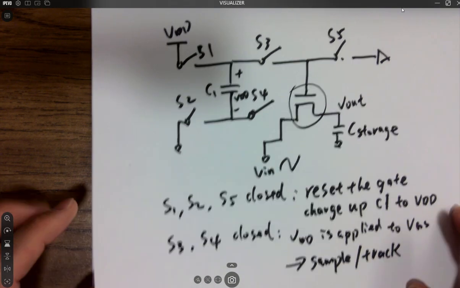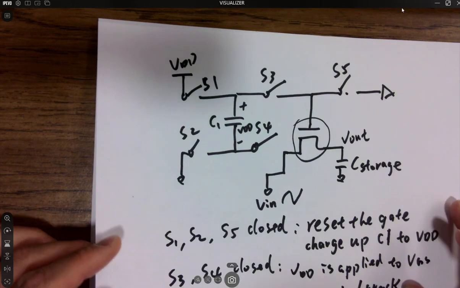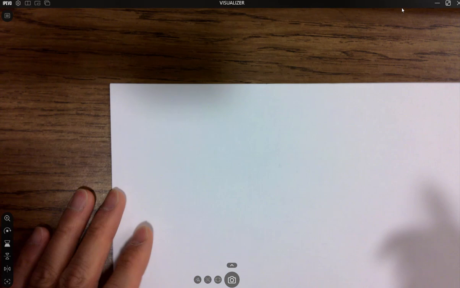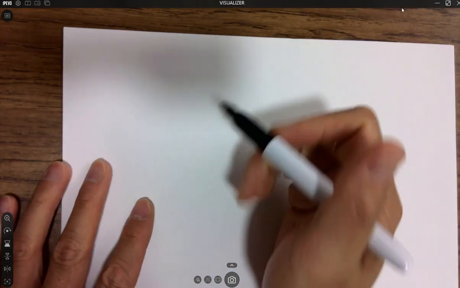So that's the concept, and we need to design the circuit to get this done. Remember when we talked about the charge pumps last time? We were here.